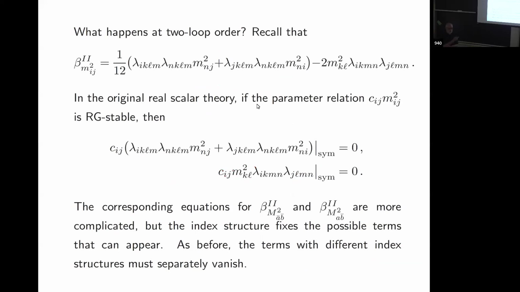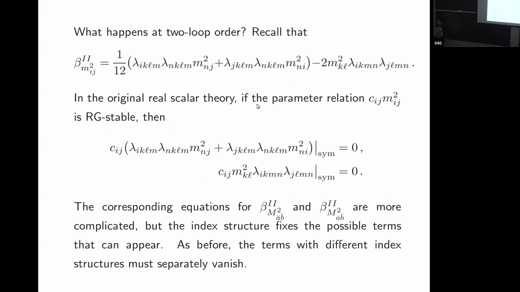And so the question is, does this work to all orders in perturbation theory? So let's just look at what happens at 2 loops. So at 2 loops, I'd written out this beta function here. And now I told you that there are 2 separate tensor structures here. So in fact, this beta function equals 0 is really 2 separate equations.